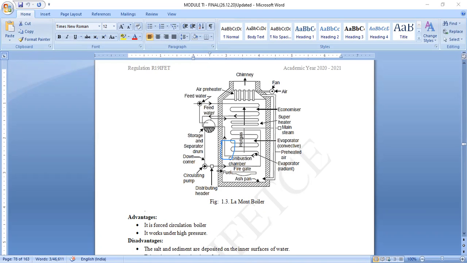So, we are going to concentrate on boilers. The boiler we have already discussed. Now we are going to see the working principle of the Lamont boiler.